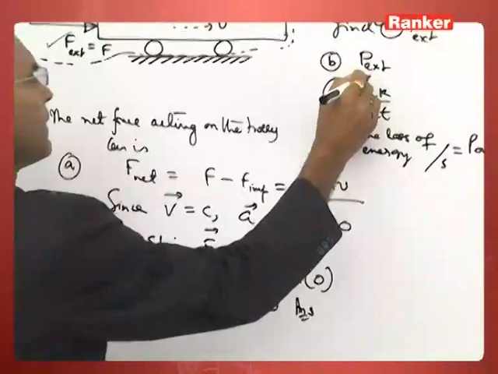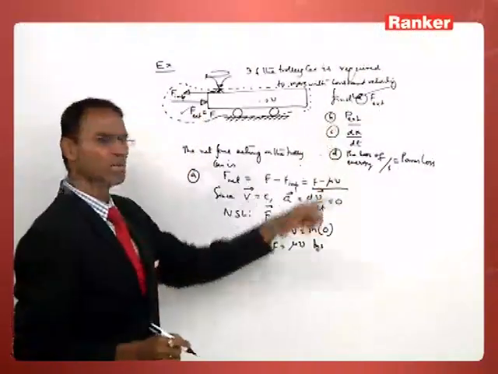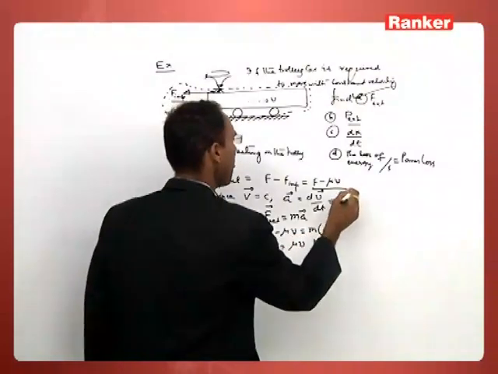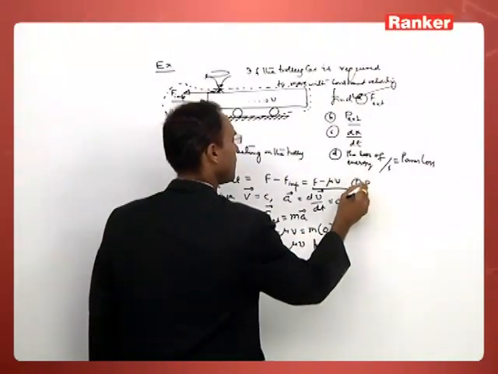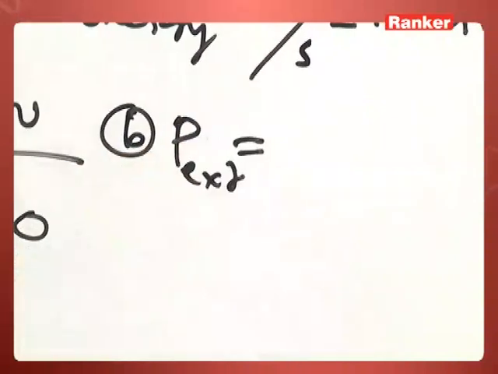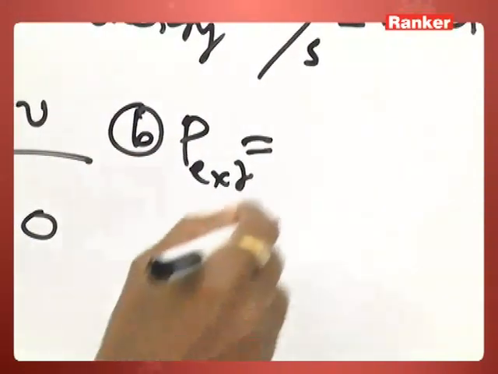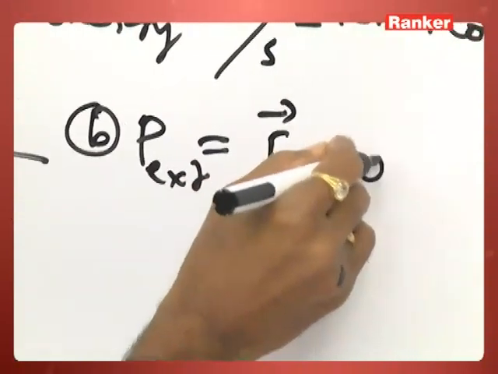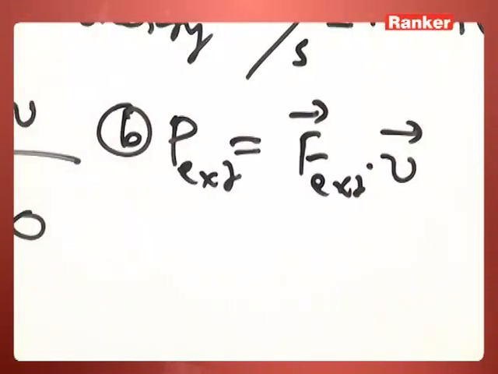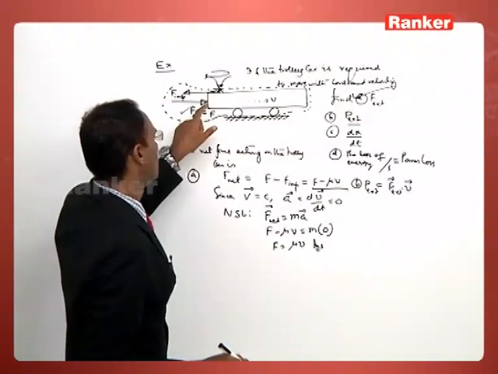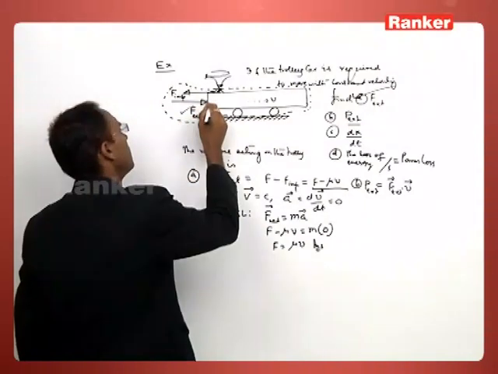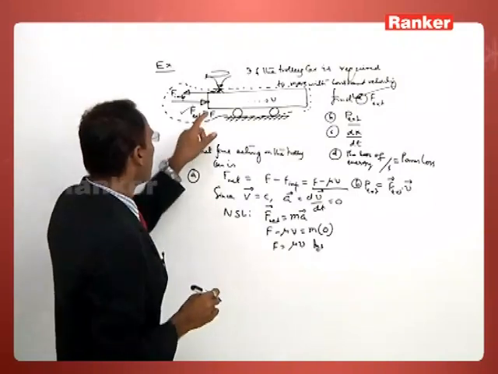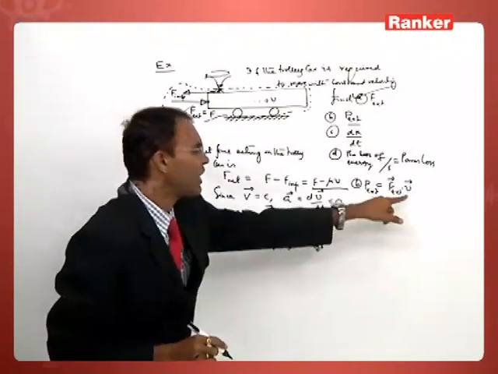Come to the second bit. We are required to calculate the external power. This is the external force. The external power, or the power delivered by the external agent, is given as the dot product of the external force and the velocity of the point at which the external force is acting.